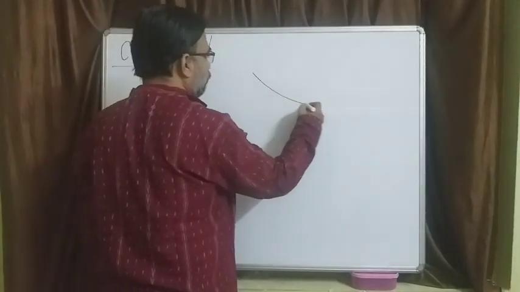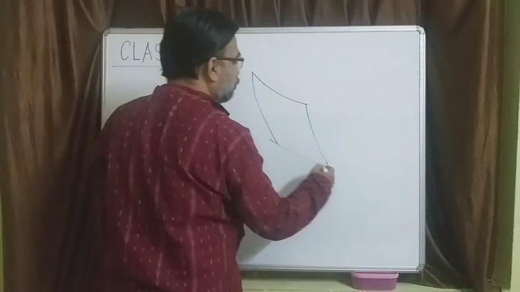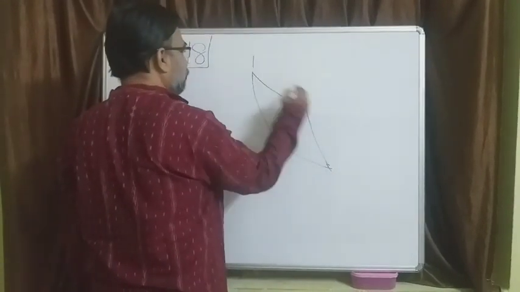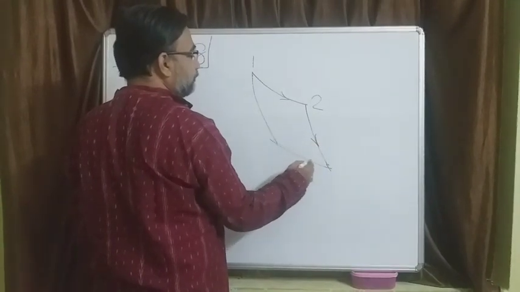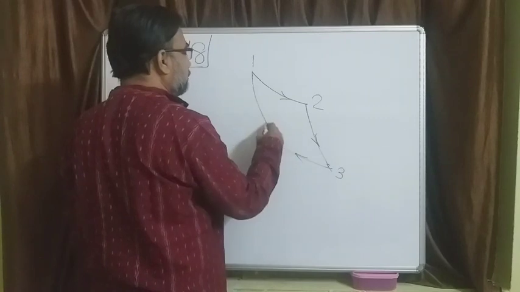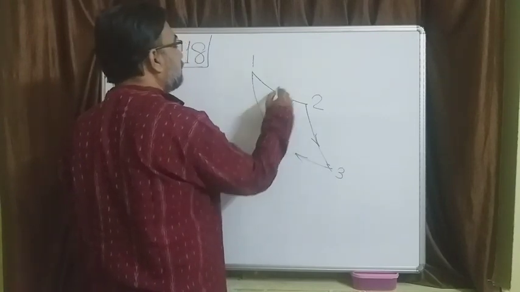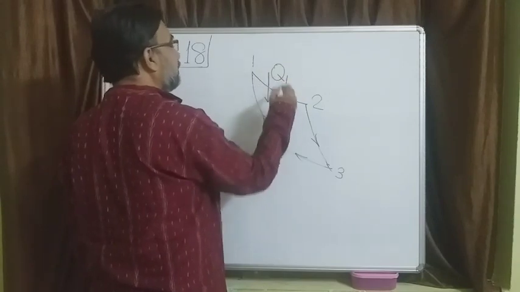So we've learned what a Carnot cycle looks like. 1 to 2 is a reversible isothermal process, 2 to 3 is a reversible adiabatic process, 3 to 4 is a reversible isothermal heat rejection process again. This is the process where Q1 amount of heat is added.